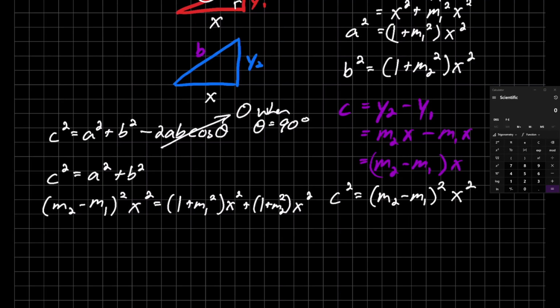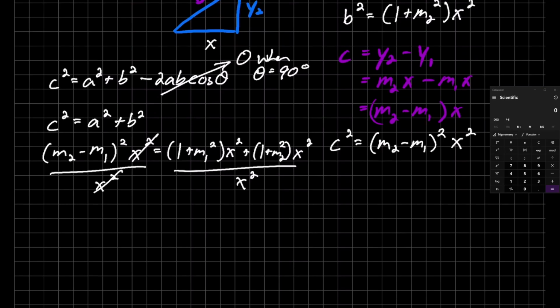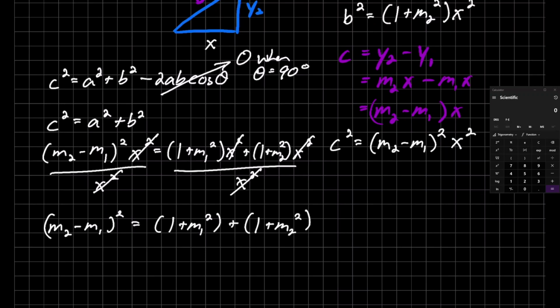Now in this equation we can divide both sides of the equation by x squared, and so that will eliminate those x squareds, and I'm left with m2 minus m1 all squared is equal to 1 plus m1 squared plus 1 plus m2 squared.